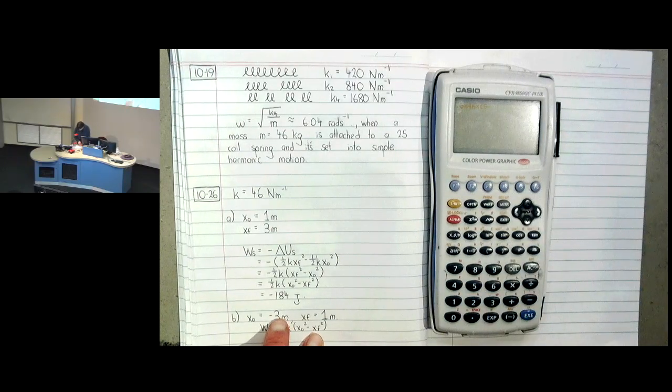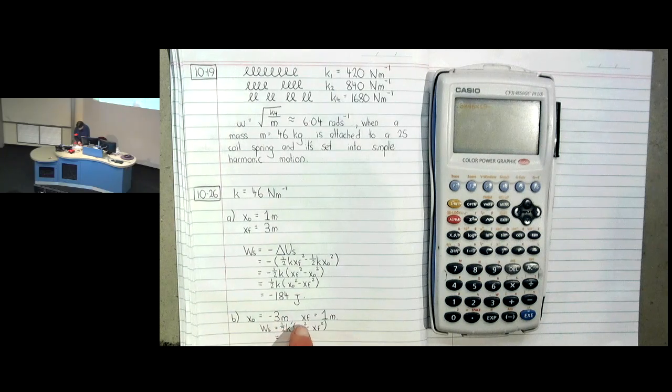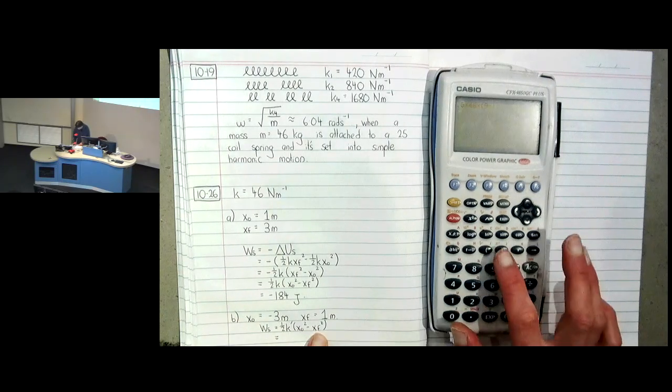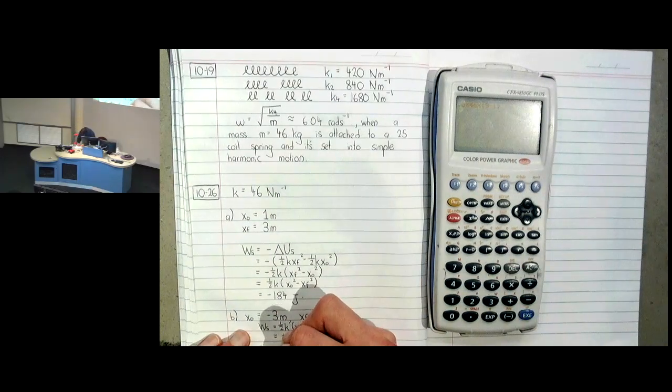So here we have a minus 3, but when you take the square of that, the minus just cancels out and we get 9 here. And so that'll be 3 squared is 9 minus 1, which gives us plus 184 joules.